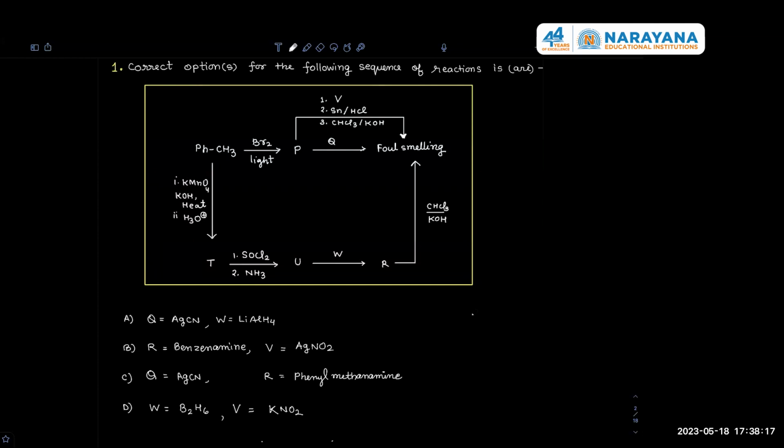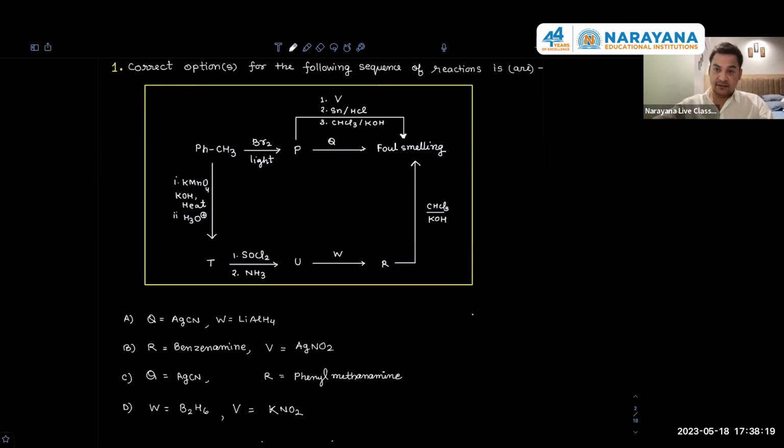A, C, D. Sir, AC. A, C and A, C, D. Okay, two answers you are getting. You must know each and every reagent's functioning. What is the functioning of AgCN, LiAlH4, benzenamine, AgNO2, again AgCN, phenylmethanamine, B2H6?